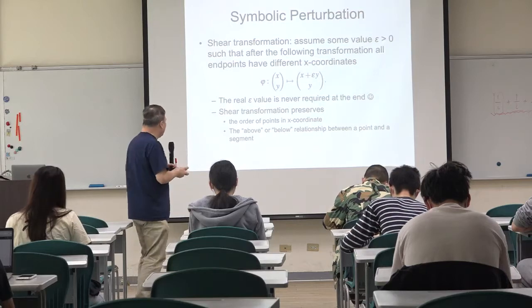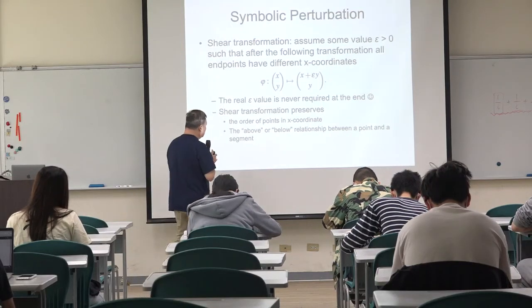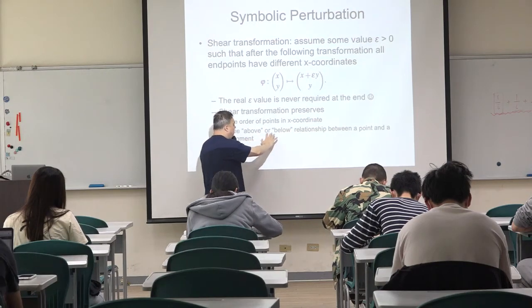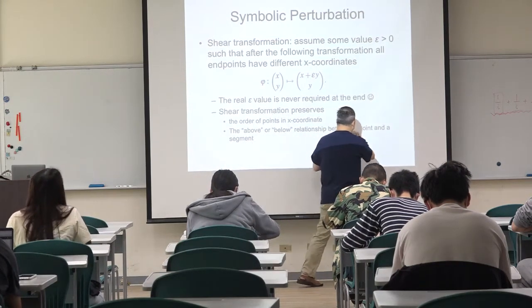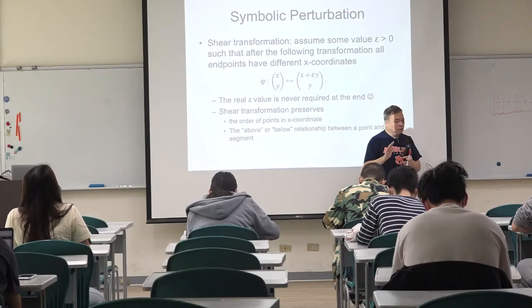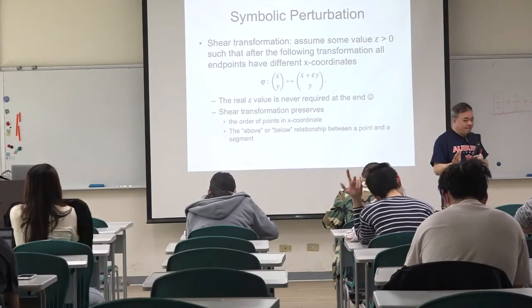So the order of the points in x coordinate remains the same, and also the above or below relationship between a point and a segment will also remain the same.